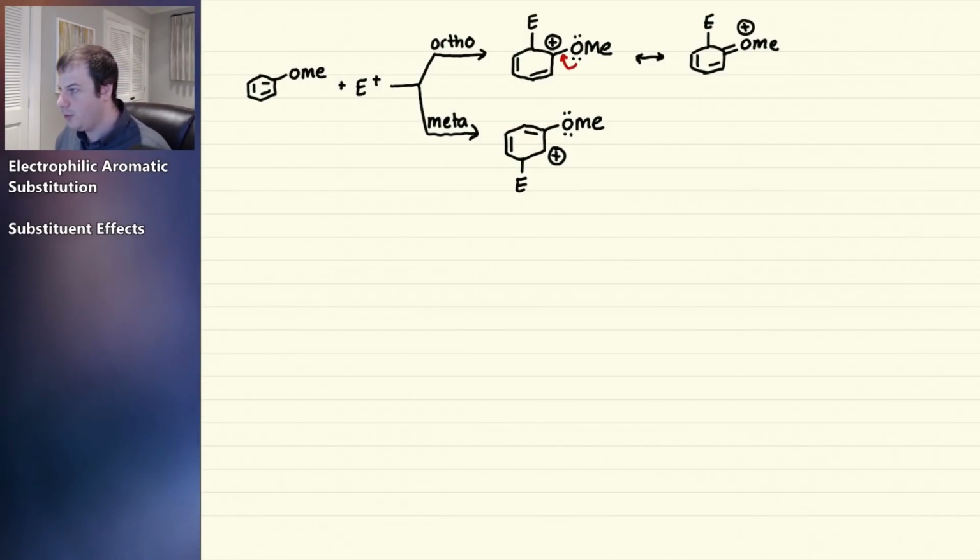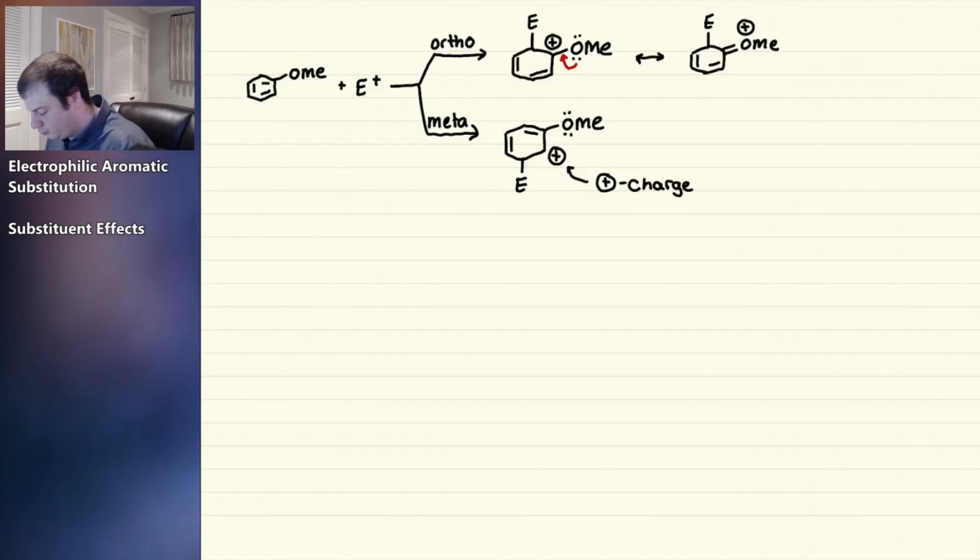So when you put the substituents ortho and para, you can draw a resonance structure that allows us to satisfy the octet of that carbocation that forms. However, in the meta case, there's no way to push the electrons to stabilize the carbocation. So I'll just say plus charge can't be resonated.